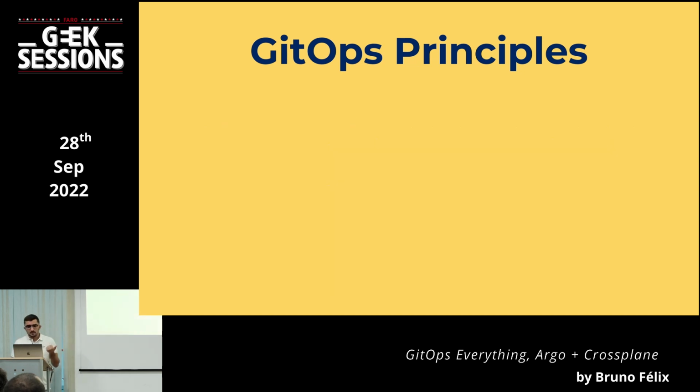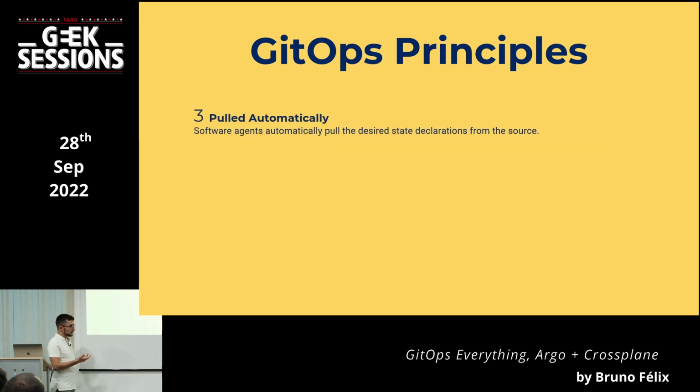The third principle of GitOps is that the changes must be pulled automatically. In a standard or classic workflow, when you do a push, you have a webhook attached to your Git repo that triggers a pipeline that does all the deployment and all that CI/CD stuff.